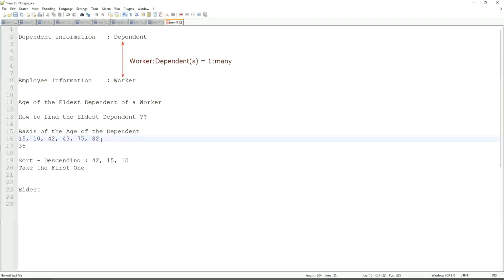So first thing that we are going to do is find out the eldest dependent. So we will sort the dependents based on the age. And then we will see what is the criteria on the basis of which we are choosing. But first you realize that we need to store the new calculated field in which business object, worker or dependent.